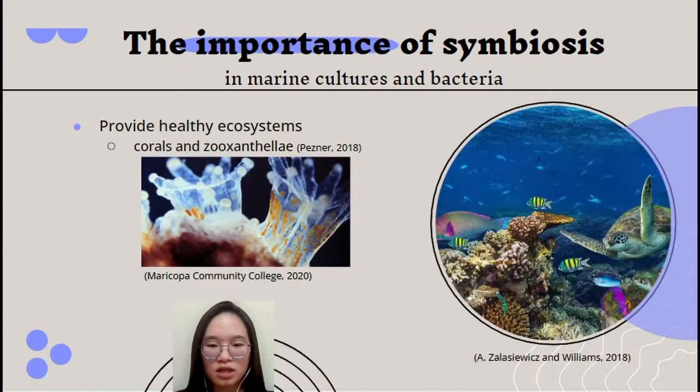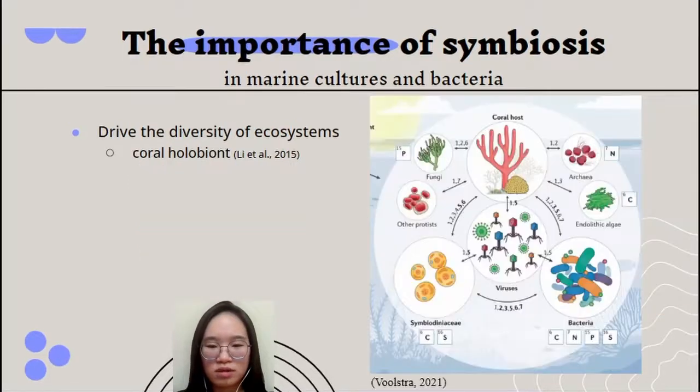Besides zooxanthellae, the coral holobiont, which is comprised of coral animal, bacteria, and other microorganisms, is also crucial for maintaining high productivity and healthy development of the coral reef ecosystem.